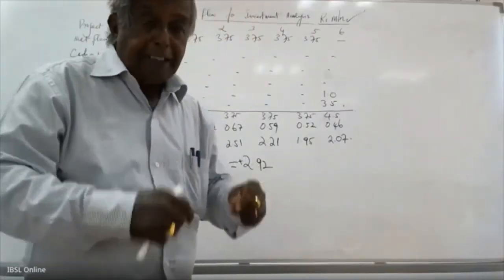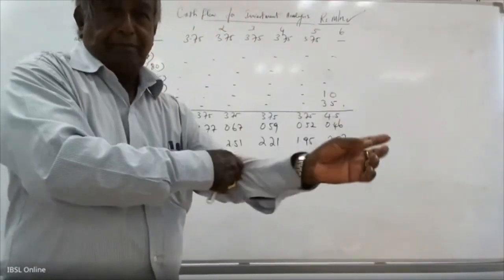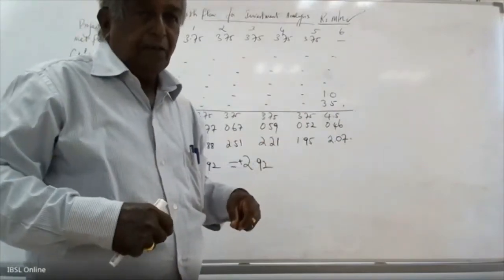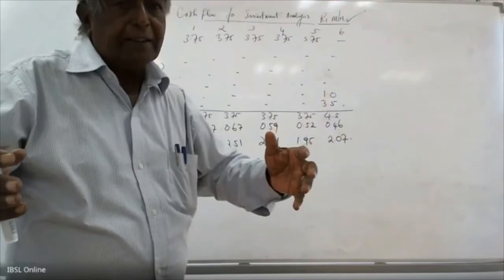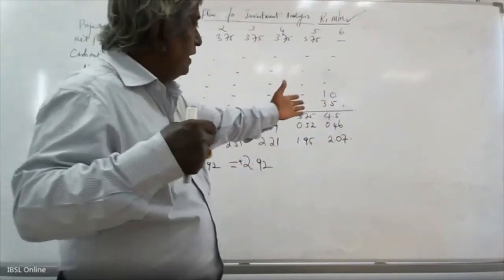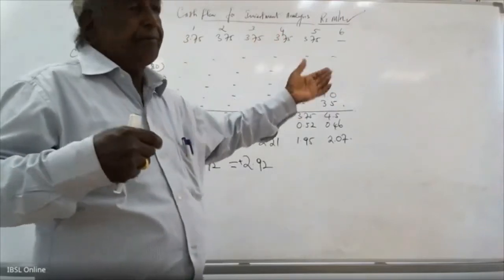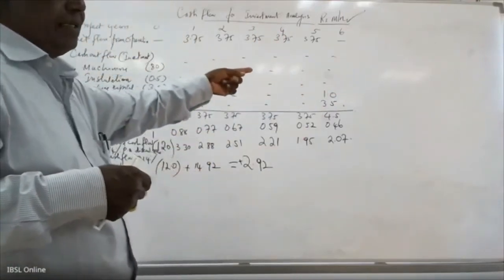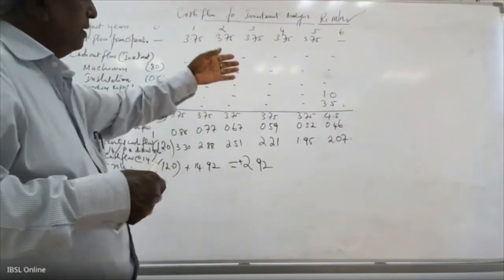Yes, sir. Okay. So the working capital is also an investment. It is revolving within the business. Once they are closing the business, they will recover that amount. So that also will come after the 5th year. And then the residual value of the machinery, 1 million, after the 5th year, they will get.